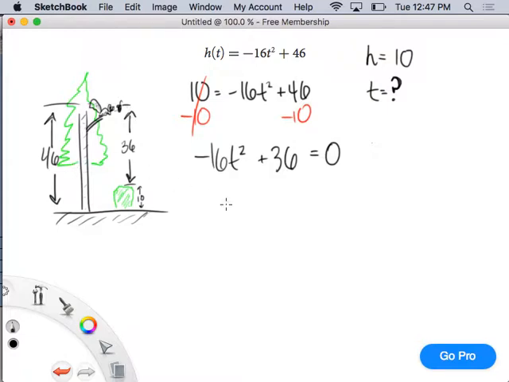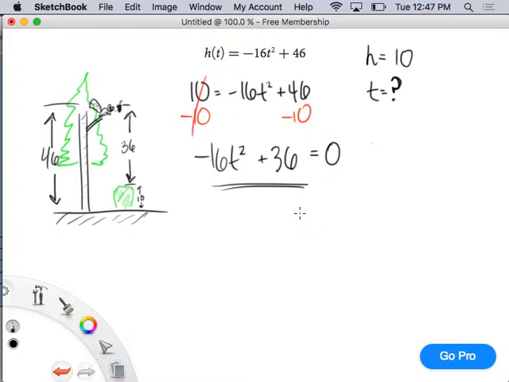Now I have to get my related function, right? Well, my related function is just this part, right? And what should I do with this function now? How do I figure out the zeros? What have we been doing this whole time to find the zeros? We graph it. We graph it.